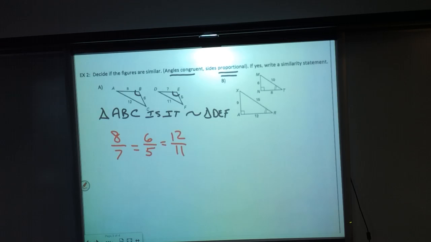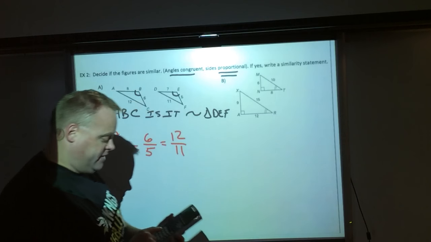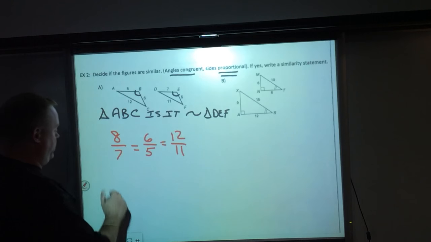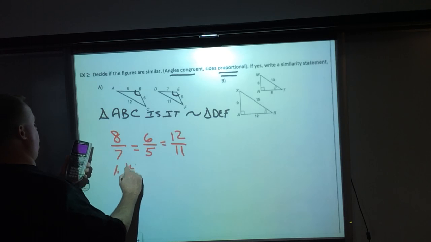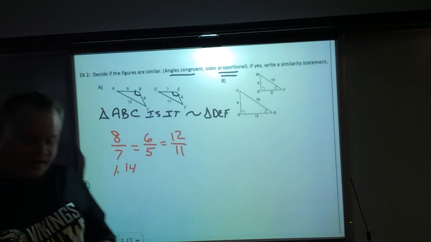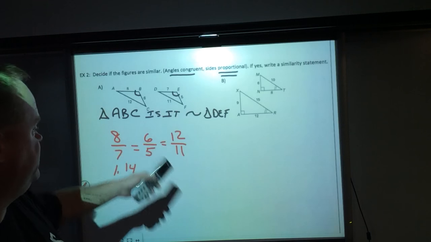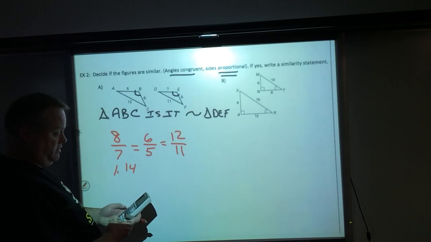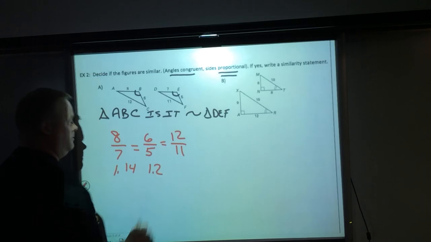Well, the easiest way is to take a calculator, and let me find mine. As I look at the calculator, I can take 8 divided by 7. Well, that gives me 1.14. Well, I can easily see if 6 divided by 5 is the same thing. Well, that's 1.2.